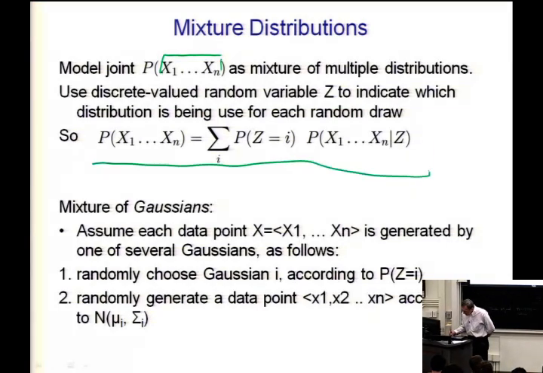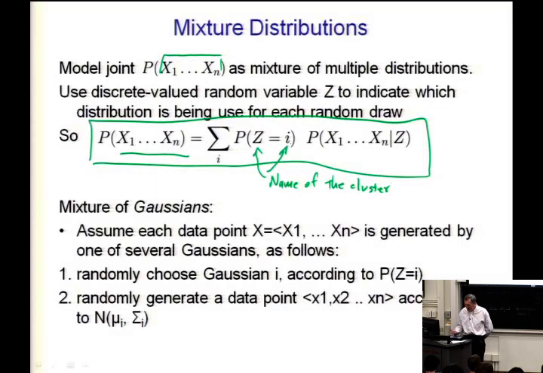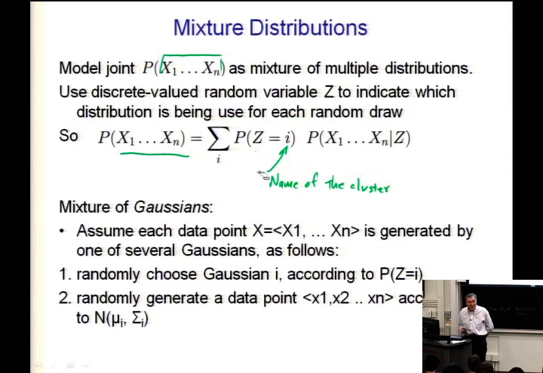The probability of any given data point with features x1 through xn is going to take this form: the sum over the possible values of some latent variable z, and you can think of z as the name of the cluster. Z is the cluster variable.